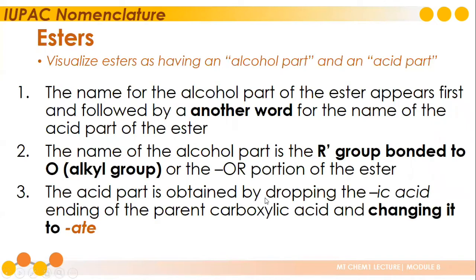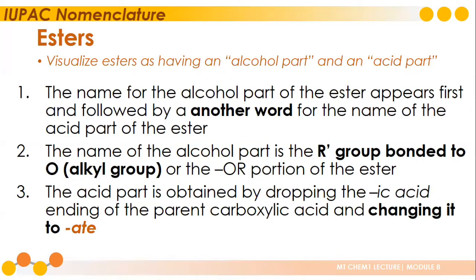Later on, we'll see some examples and exercises for us to familiarize ourselves with these rules. The acid part, on the other hand, is obtained by dropping the "ic acid" in the name of the carboxylic acid and changing it to "ate."